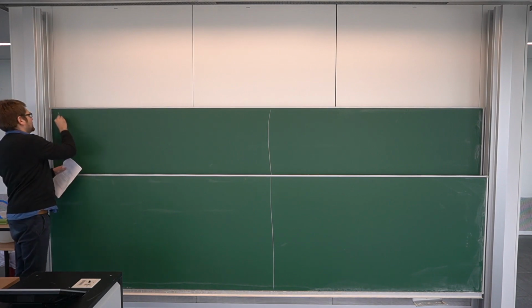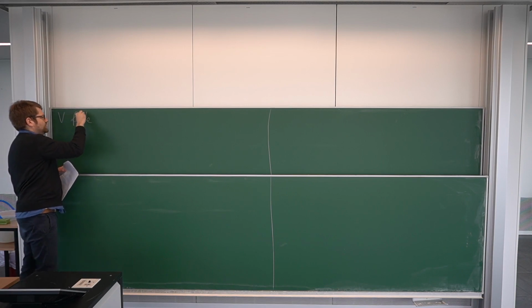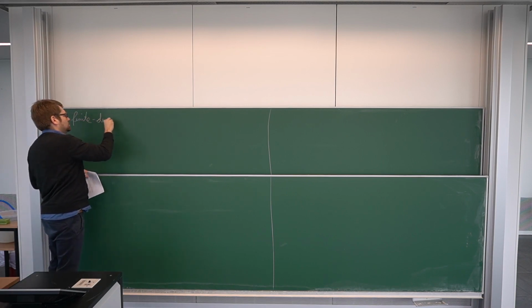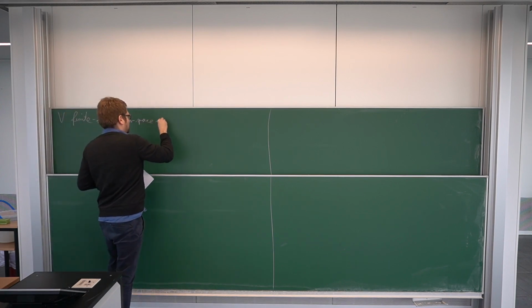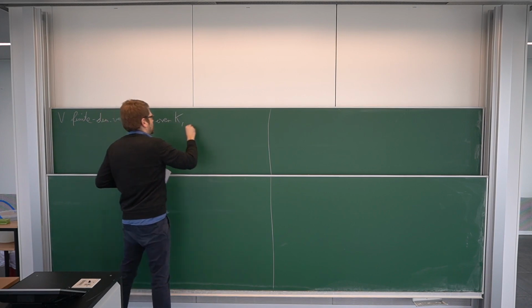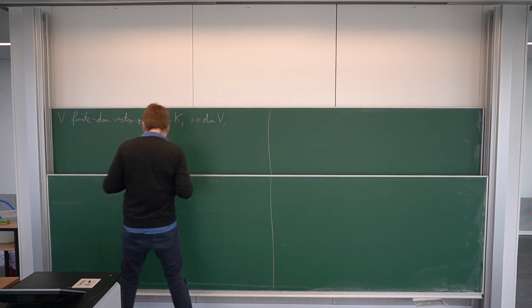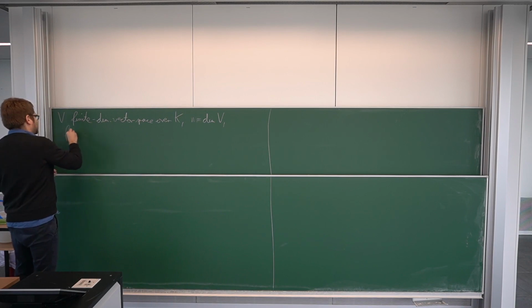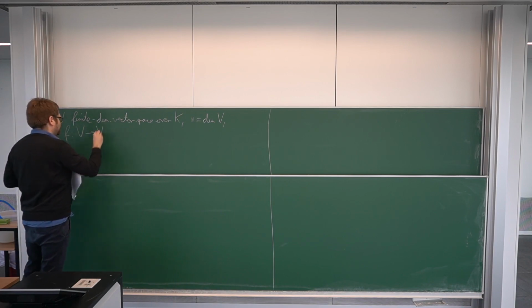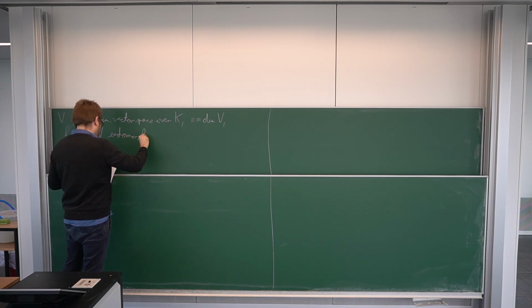We start with a finite dimensional vector space over K, which I will call V as usual, and I call n its dimension. And I consider F to be an endomorphism, F from V to V, just a linear map where these spaces coincide.